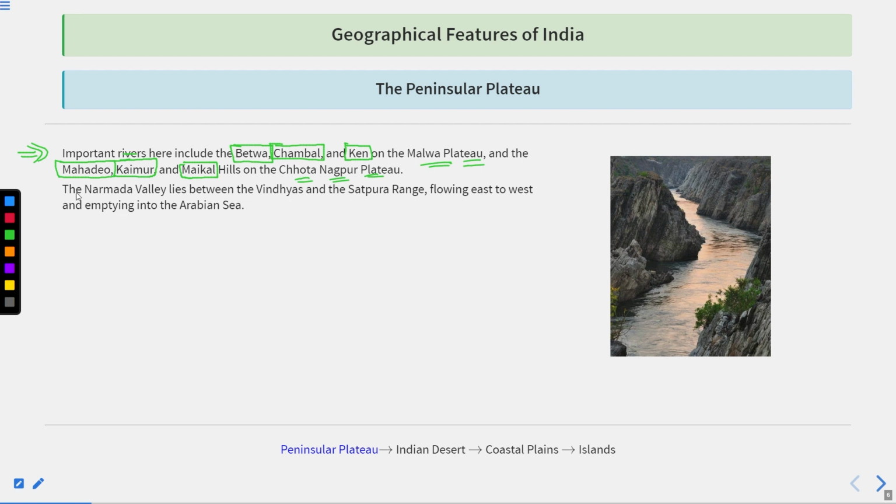Okay. The Narmada Valley basically lies between the Vindhyas and the Satpura range, flowing east to west, and it empties into the Arabian Sea. Okay. Narmada and Tapti are the well-known two rivers of the Indian subcontinent that flow east to west and fall into the Arabian Sea, while most of the rivers fall into the Bay of Bengal.